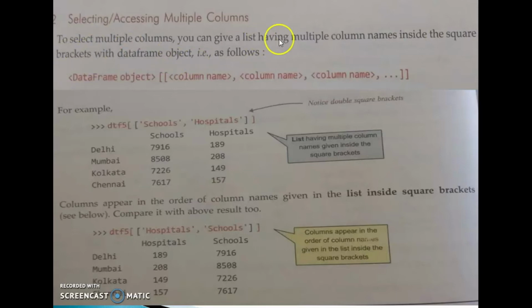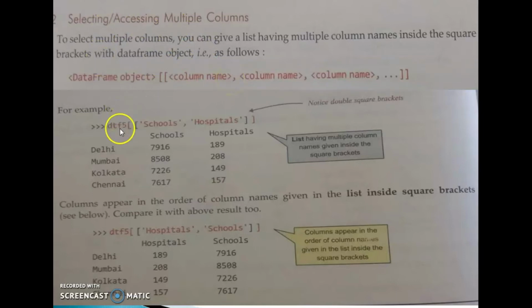Inside the square bracket, you have to specify the list of column names. Clear? For the data frame object, first we use the square bracket, then inside it again we use one more square bracket, that is a list. Inside that we can specify the column names separated by commas.